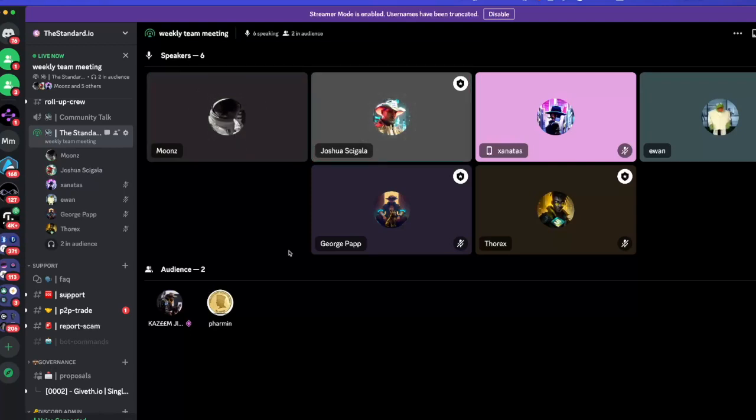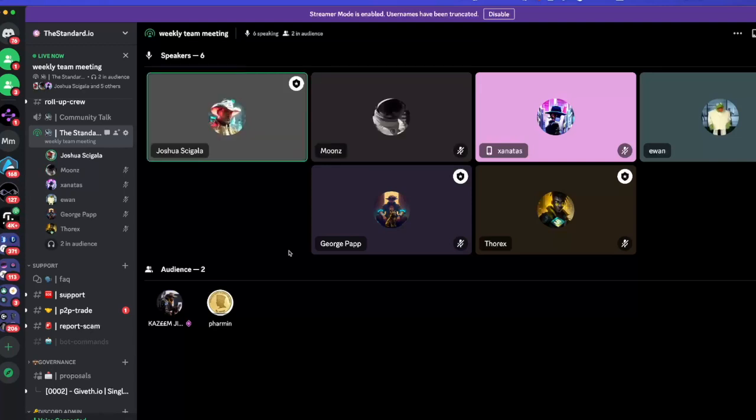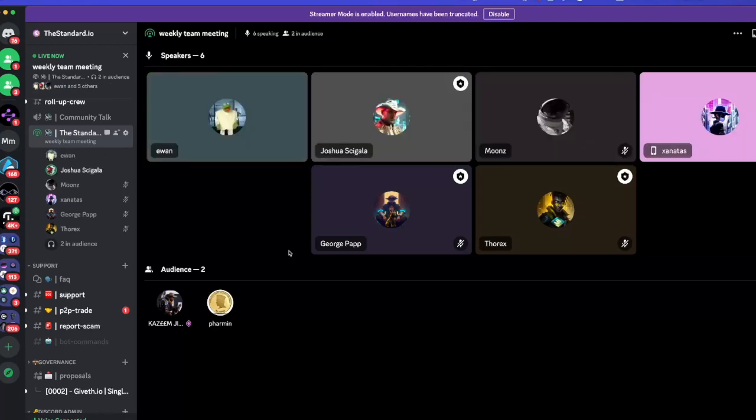Yeah, awesome. It'd be really interesting, Ewan, to get your take on what you think the front end should look like in terms of users upgrading to the V2 versions of our vaults. Actually, I meant to talk about that.